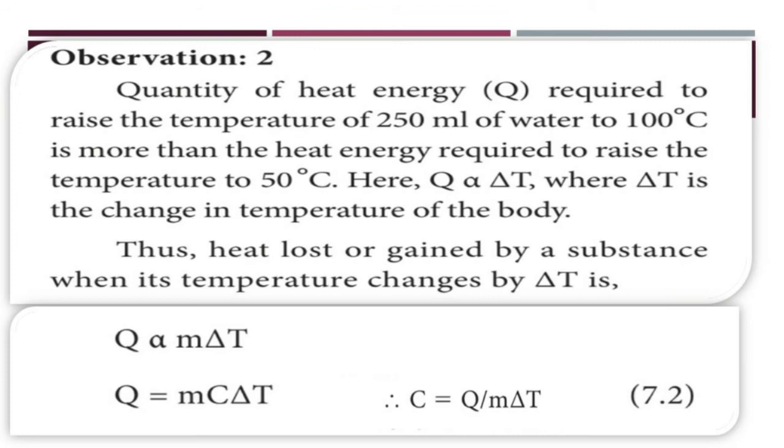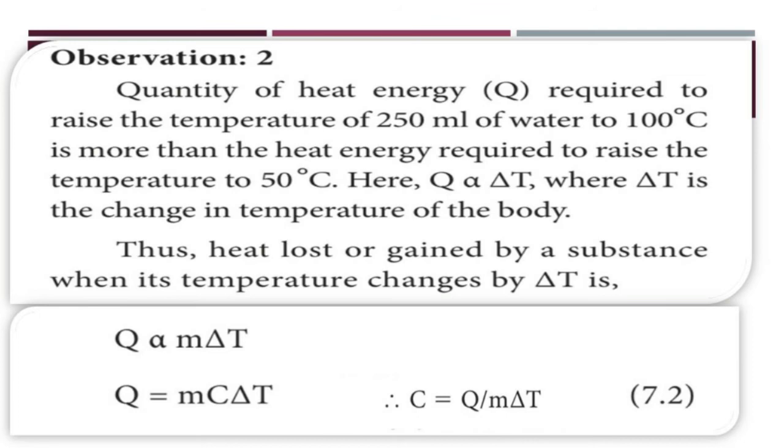Thus, heat lost or gained by a substance when its temperature changes by delta T is Q directly proportional to m delta T. So when you remove the proportionality, you get Q = m C delta T, where delta T is the change in temperature.